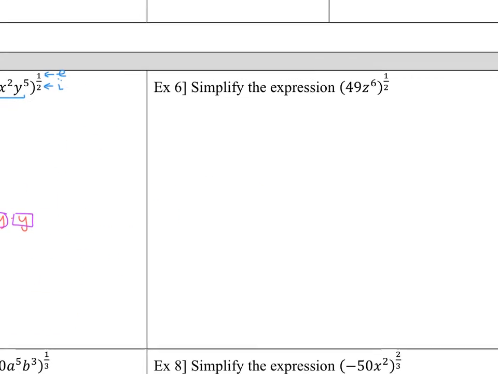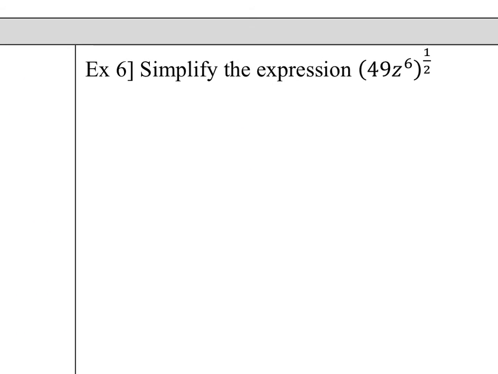Let's try another one. So simplify this expression. 49z to the 6 all to the 1/2. So again, you could use exponent rules unless you don't remember your exponent rules. It's actually easier for these to be changed into radicals first. So we're going to take this, make it into a radical format. So 49z to the 6th, all in parentheses because it's in parentheses in our exponent form.